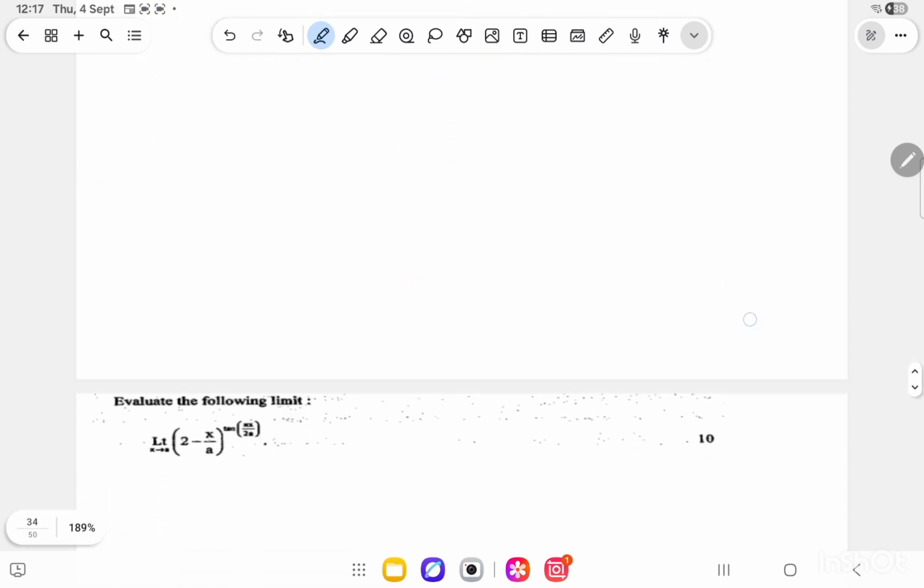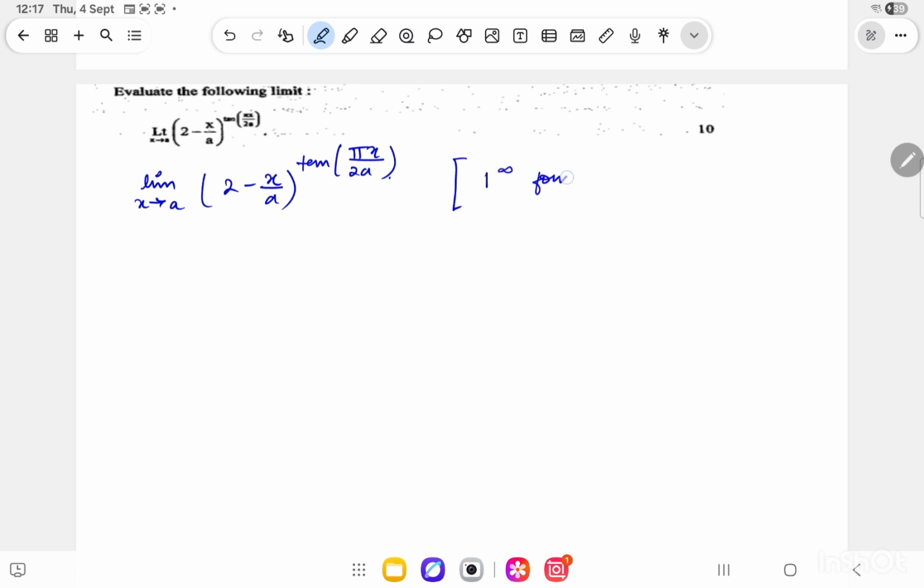Let's see the next question. The next question is to evaluate the following limit. We're supposed to find this limit where x approaches a and the function is (2 minus x by a) raised to tan(pi x upon 2a). If I just put x approaches a, I'll be getting 1 raised to infinity, which is an indeterminate form. So let's just take log to get rid of this exponential thing.